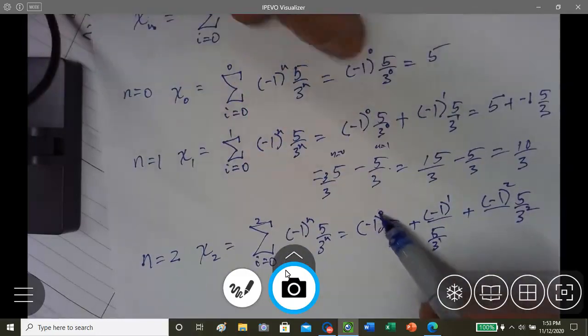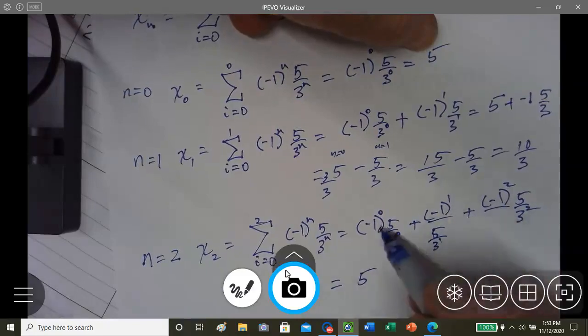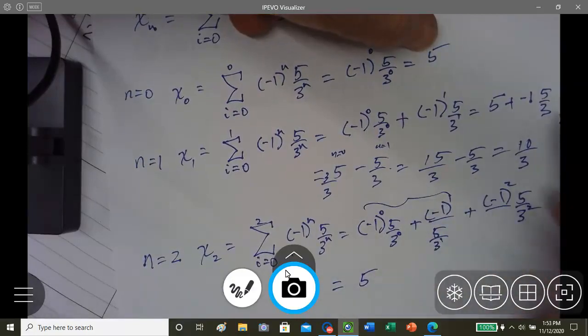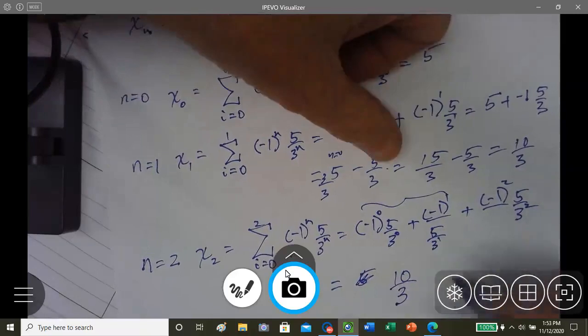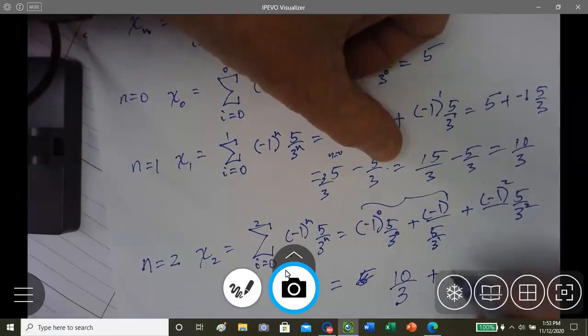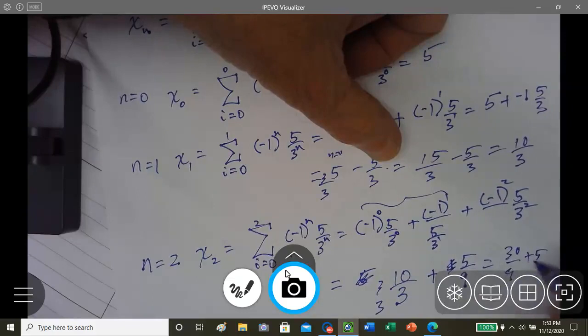Well, we already know that the first term is 5, and we already know that these two together is going to be 10 over 3. So we can just put this 10 over 3. Now all we have is plus negative 1 squared, that's 1 times 5 over 9. So we need a common denominator, so we multiply 3 over 3 here. So that's 30 over 9 plus 5 over 9, and that's 35 over 9.